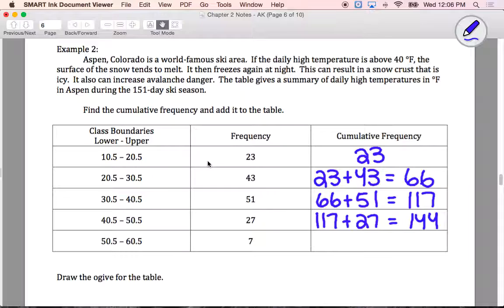And then for the fifth row, I take my 144, and I'm going to add 7. So your ending number should be the total number of numbers that you have for your table. Since there are 151 days that we are looking at, we should have a total of 151 at the end.